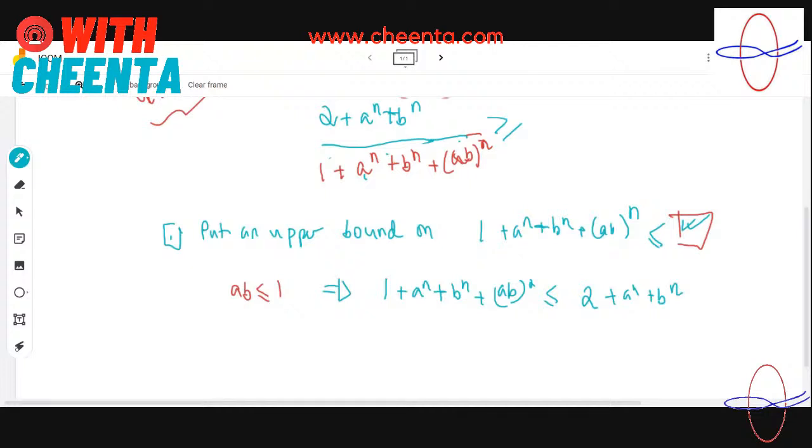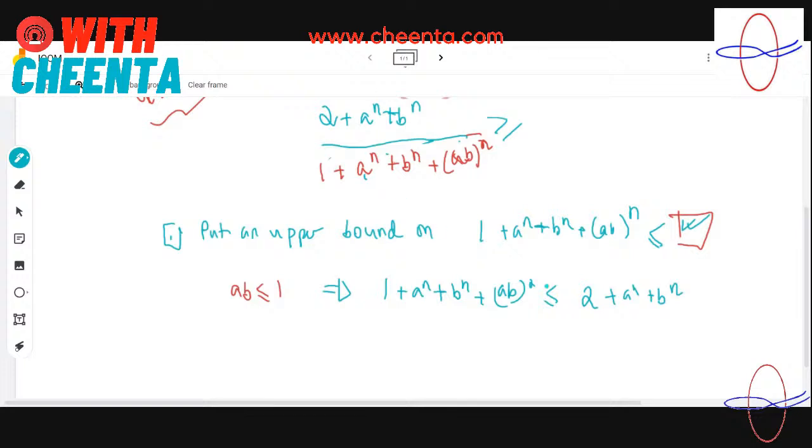Okay, so we got this upper bound. Then what can we do now? Can anyone see the solution right away? Perfect.